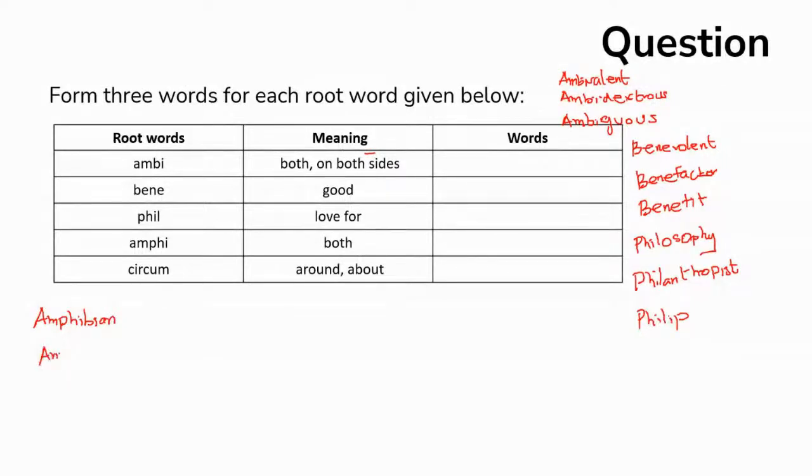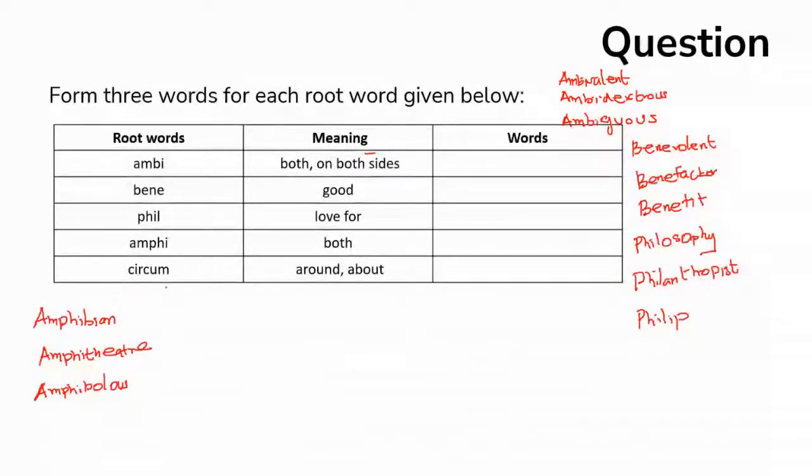And next is amphitheater, an open center stage for performance where the audience can be seated all around the stage. And amphibolous, open to more than one interpretation.